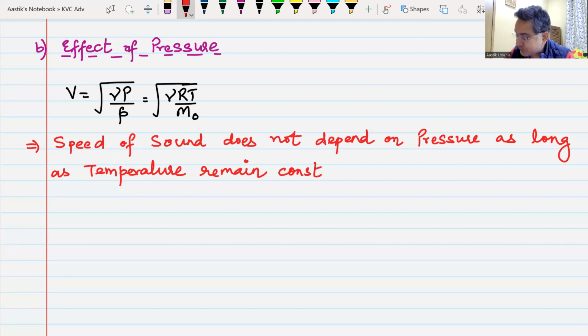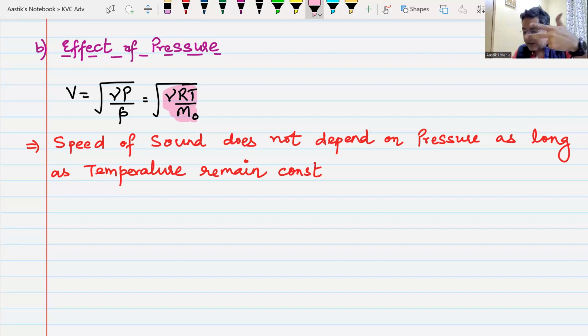Now, why is that so? Now, if you look at the terms in the blue, the terms in the pink, gamma is adiabatic constant. It is a constant. R, universal gas constant. It is also a constant. M naught, the molecular mass of gas or molecular mass of molecules in air.